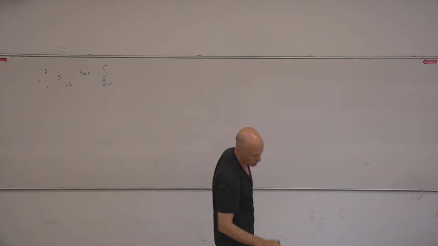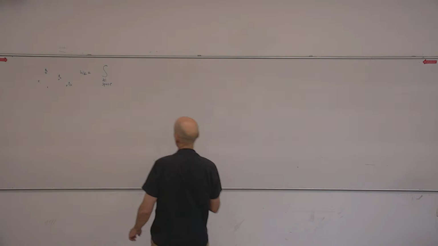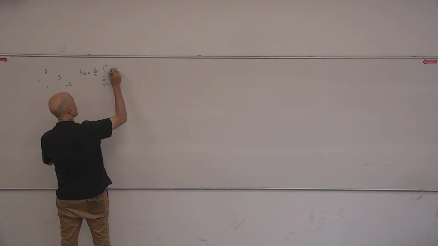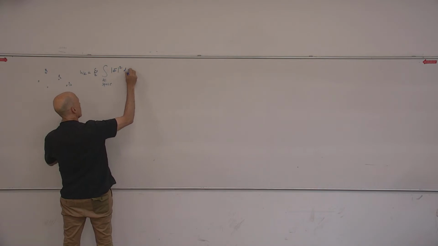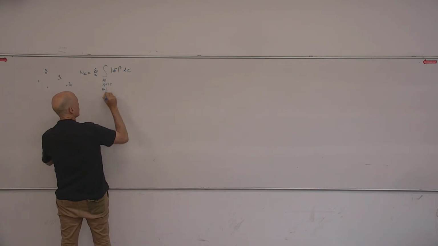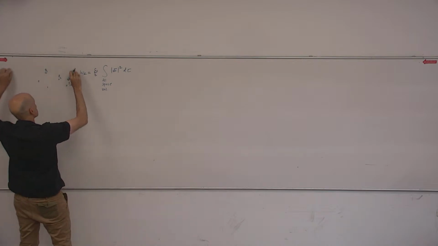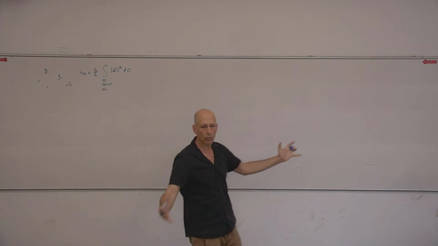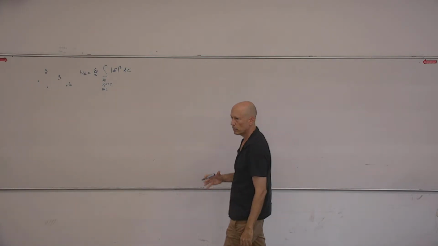It was epsilon-zero over 2, the electric field squared, d tau. And this is a volume integral. So if I know the fields here and integrate over all space, I get the total amount of work to assemble this system. Great.